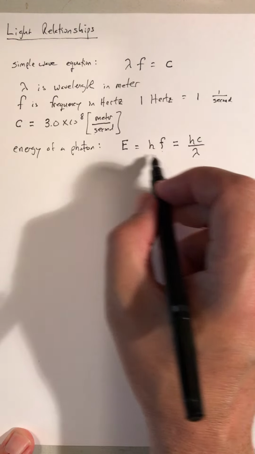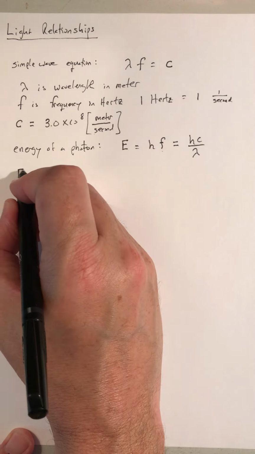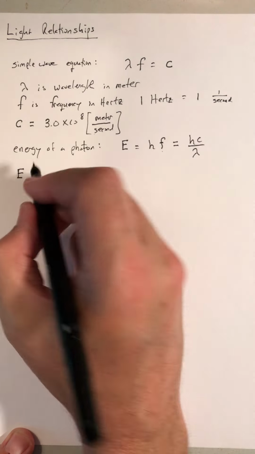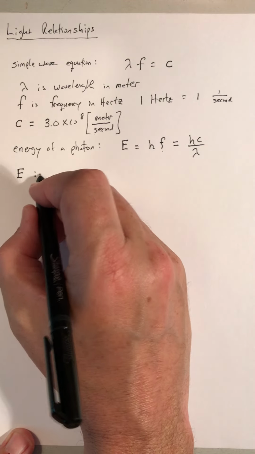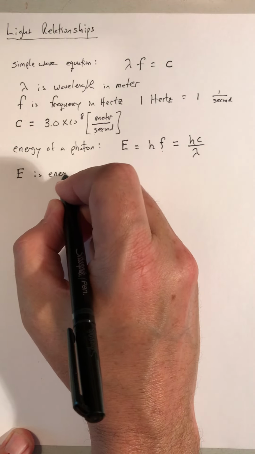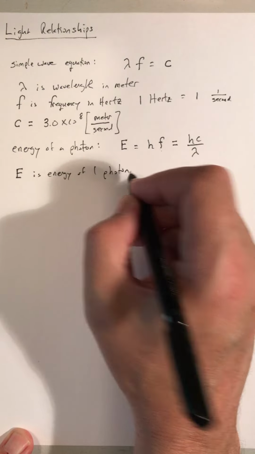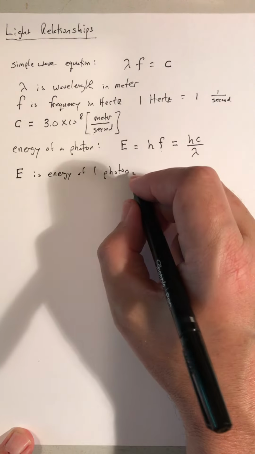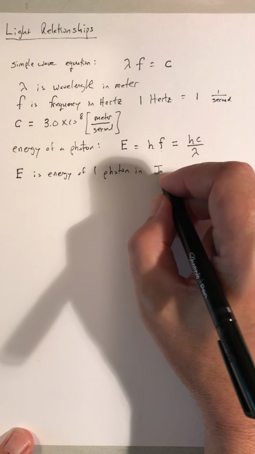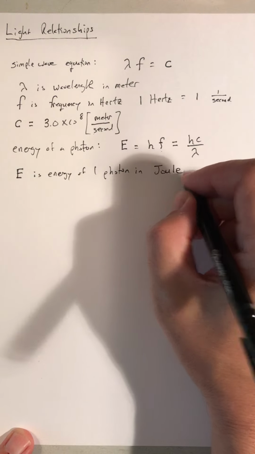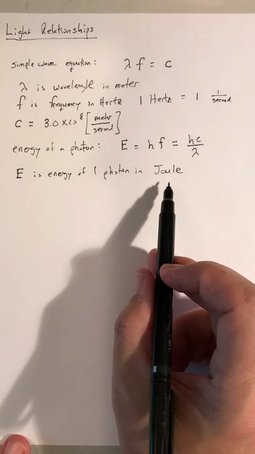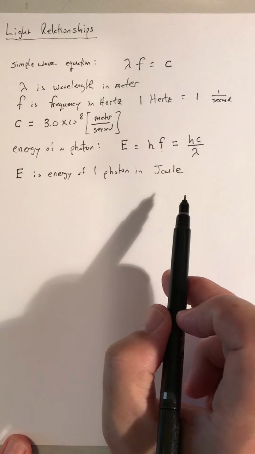All right, let's go through what all these variables are. E is the energy of 1 photon in joules. Joule, nothing to do with vaping.